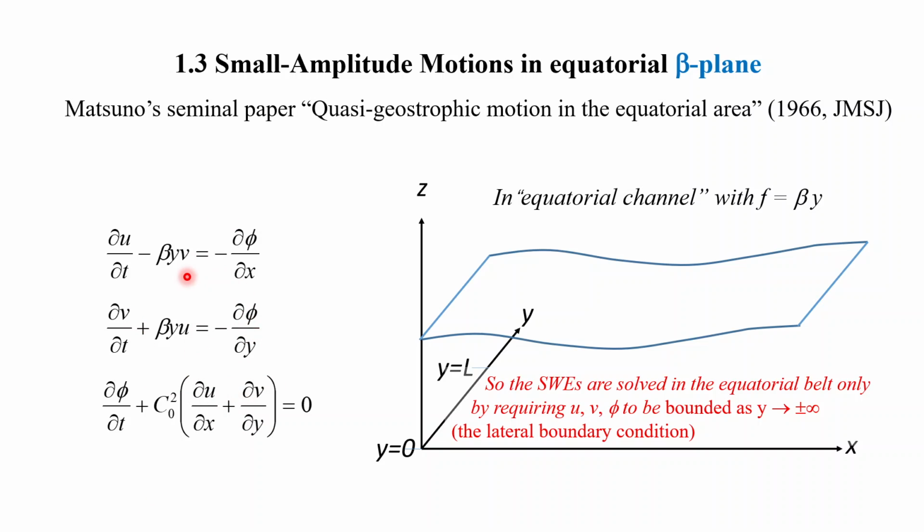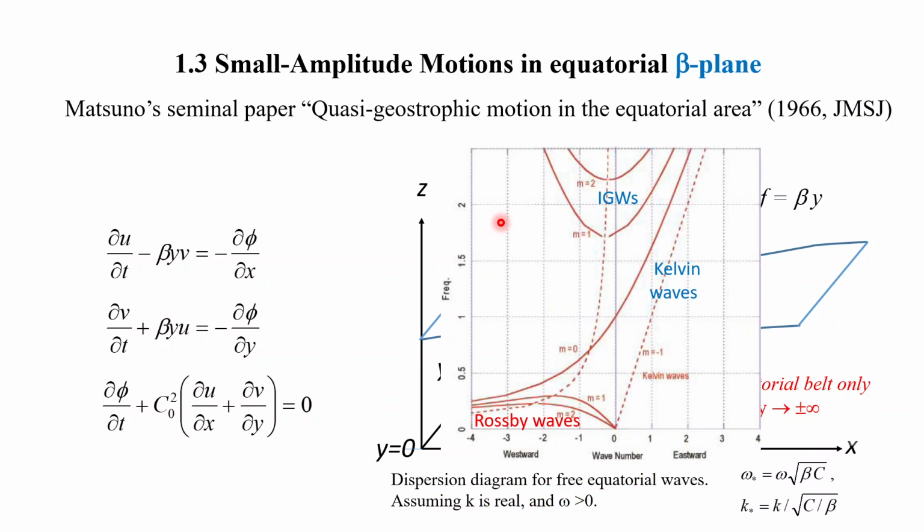This approach was first adopted by Professor Matsuno in his seminal paper, Quasi-Geostrophic Motion in the Equatorial Area. The following discussion is based on this seminal paper.